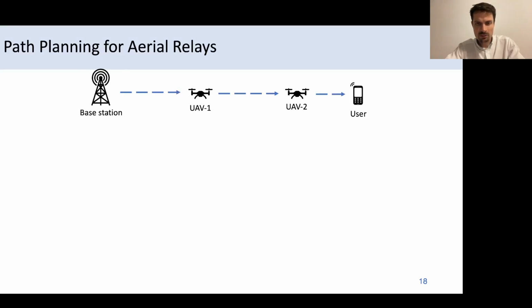So our goal will be to deploy two aerial relays to establish a connection link between the base station and the user through these UAVs, right? So this communication takes place in 3 hops.